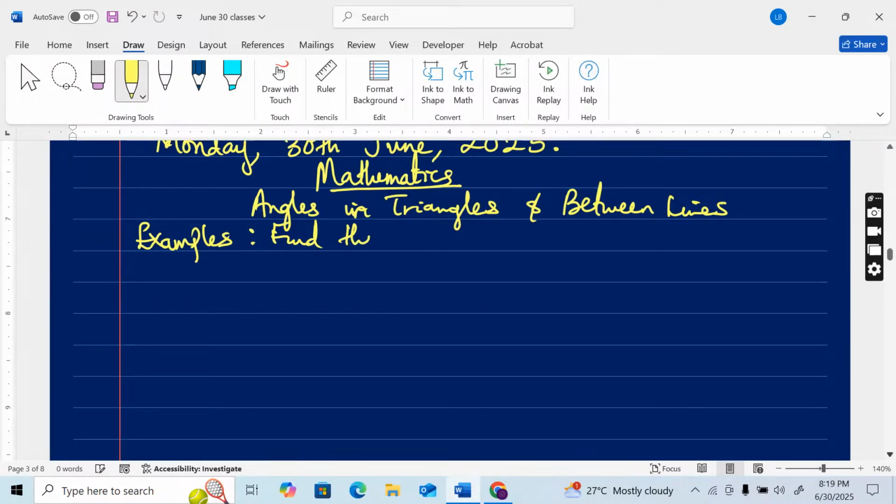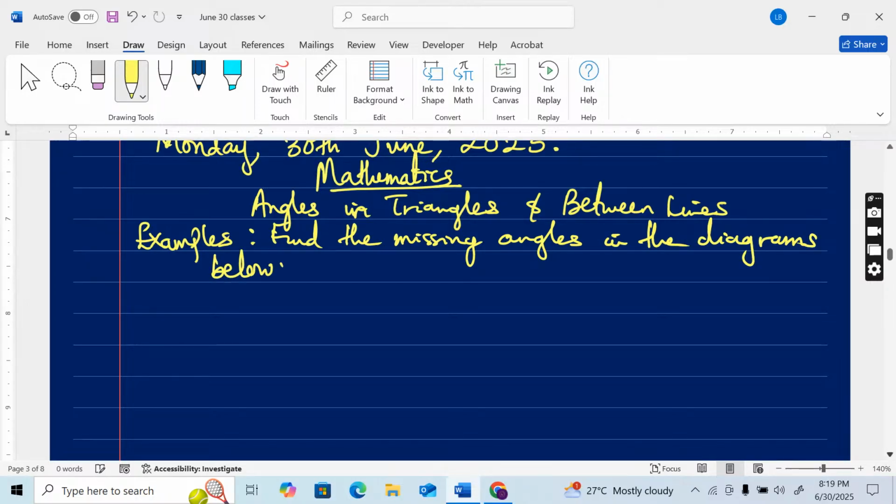Find the missing angles in the diagrams below. Here is number 1. I have a triangle right here.